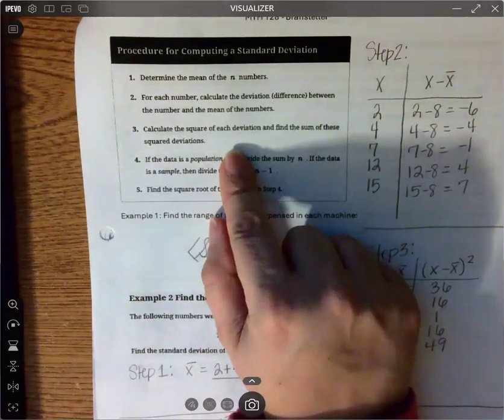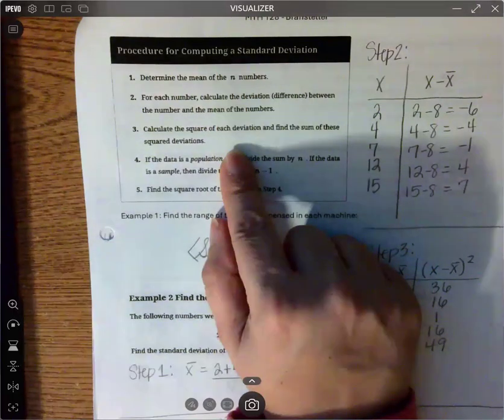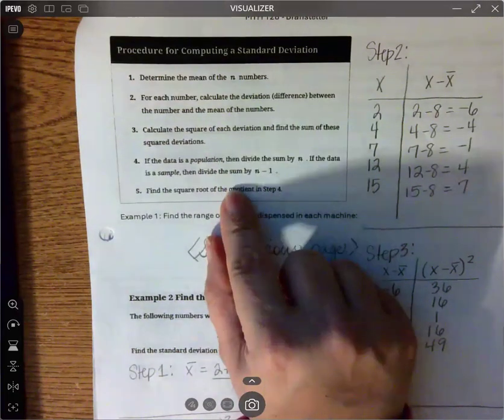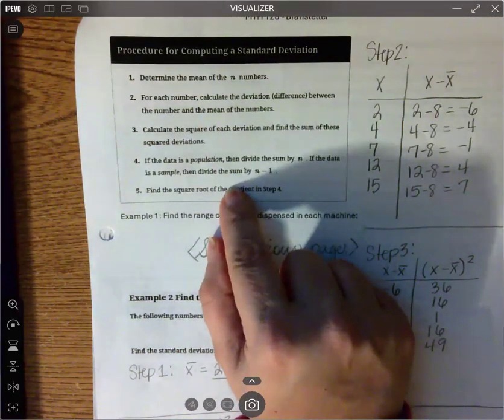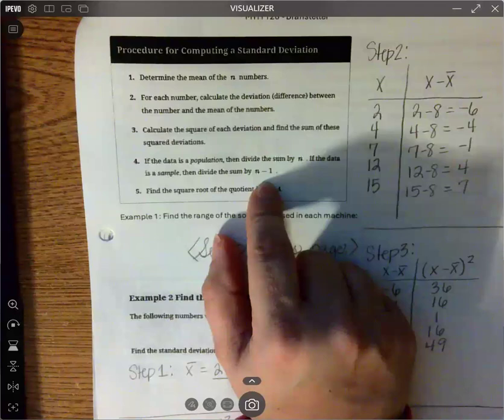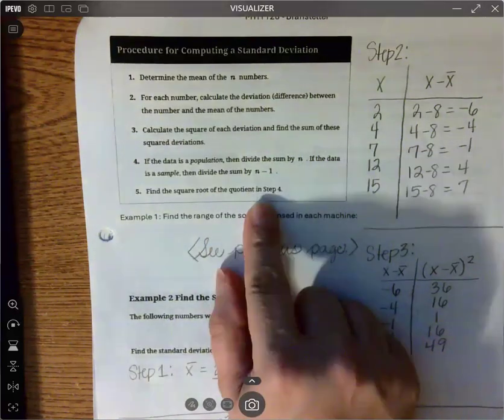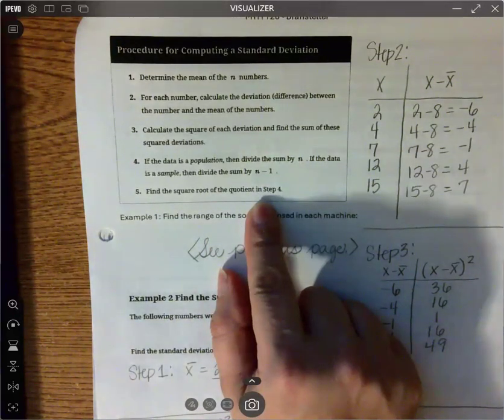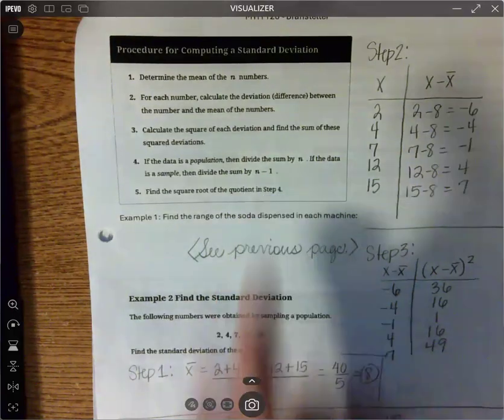Number 3, calculate the square of each deviation and find the sum of the squared deviations. 4, if it's a population, divide by n. If it's a sample, divide by n-1. We're almost always going to have a sample. And then 5, find the square root of the quotient from step 4.